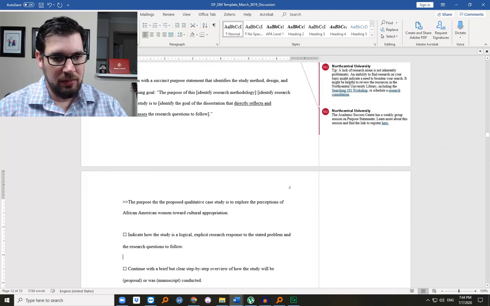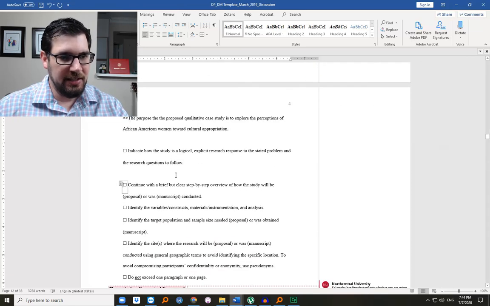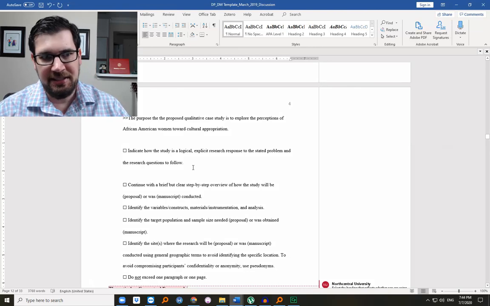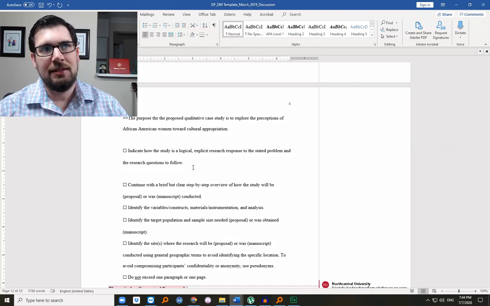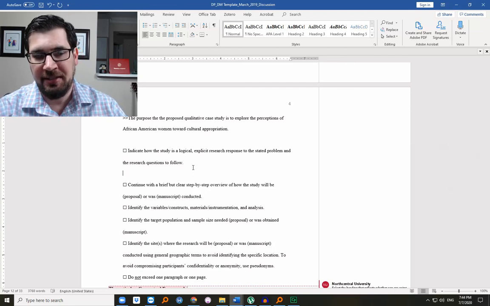And so for a logical explicit response here, I suggest pointing out, in a dissertation, you've got sort of judges, a committee, watching to see if you're ticking boxes. In fact, here are the boxes I'll be ticking for a certain set of students.